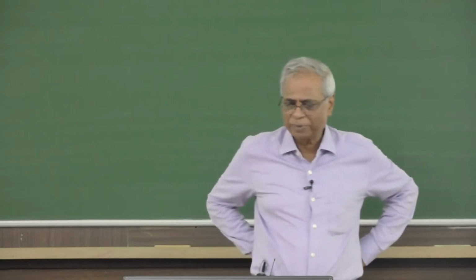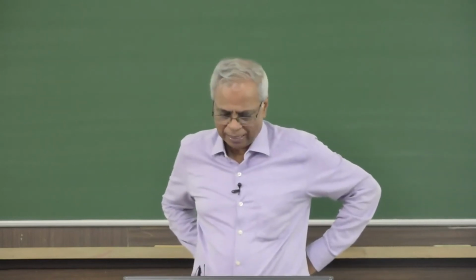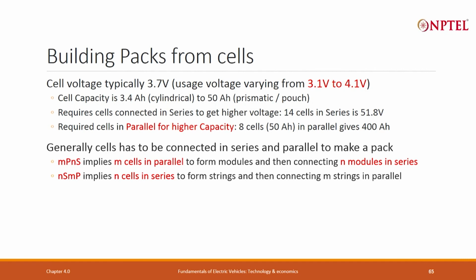Generally, cells have to be connected in series and parallel, and there are 2 mechanisms, what is called MPNS, M parallel and N serial. But what is also important, the order is also important. One is MPNS, another is NSMP. MPNS basically means you will take M cells first in parallel, that will form a module, and then you put N such modules in series.